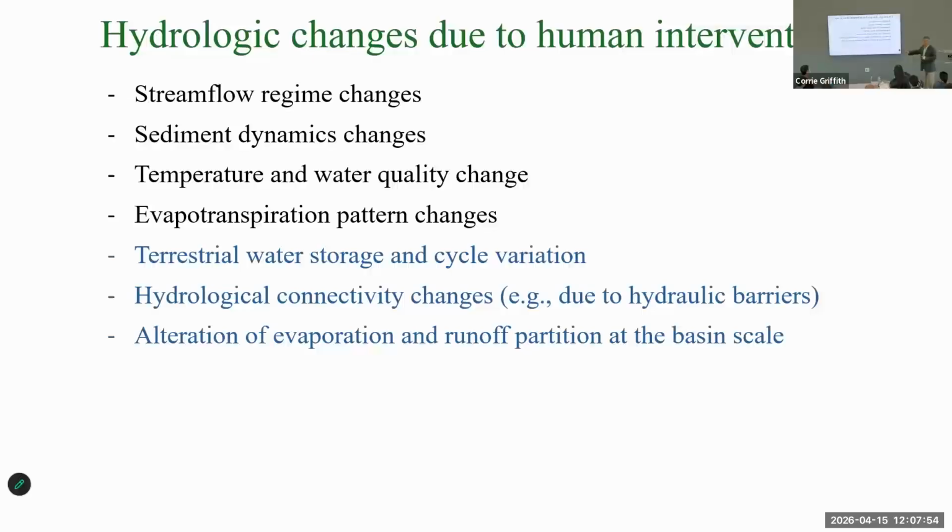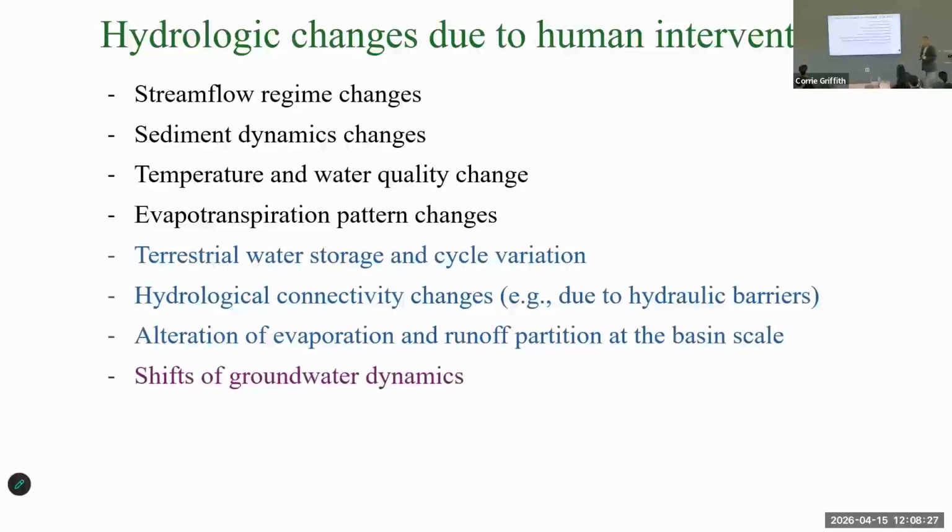Then at the basin scale, there is some storage and cycle variation. We also see hydrological change, alteration of evaporation and runoff at the basin scale. This relates to the Budyko curve, which specifies the relation between evaporation and runoff. But recently we found that relationship has been altered in some basins.